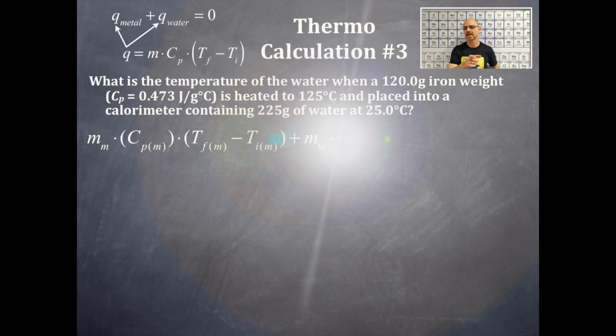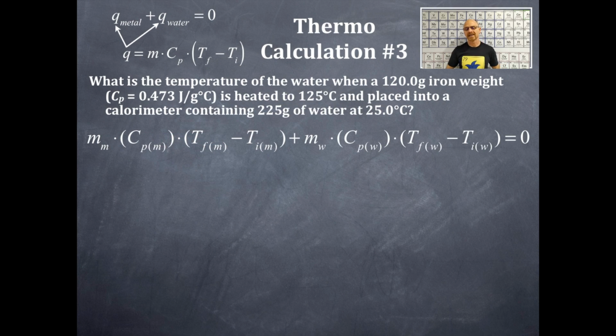So here we go, right here. This is our equation. The little M subscripts are for the metal, the little W subscripts are for the water. So I've replaced each of the Q's on the left-hand side here. I'm going to start on the left-hand side.